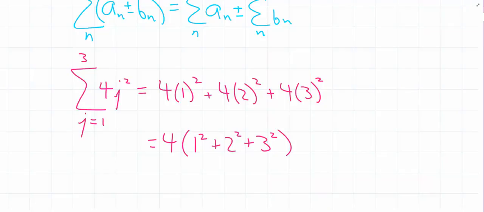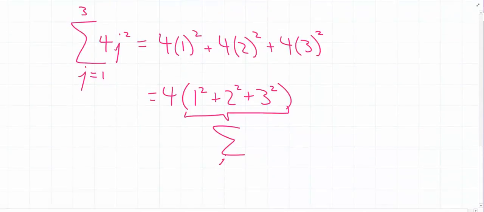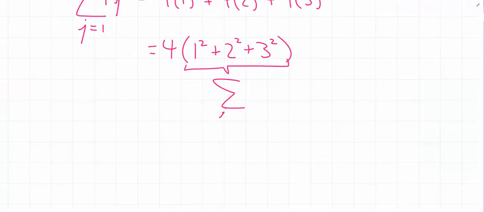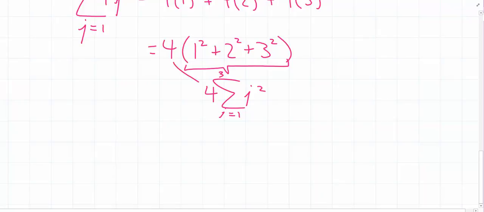Well, look at this. This part right here is exactly the sum, let me give myself some room here, the sum as j goes from 1 to 3 of j squared, and I could just put the 4 on the outside. In other words, the idea is that you can factor out a constant. Okay?